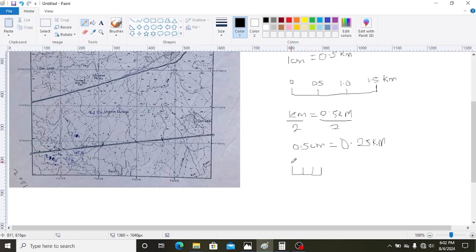Here will be 0, here will be 0.25. 0.25 plus another 0.25 is 0.5. And here, plus another, we will have 0.75. So it continues, and your unit will be in kilometers.